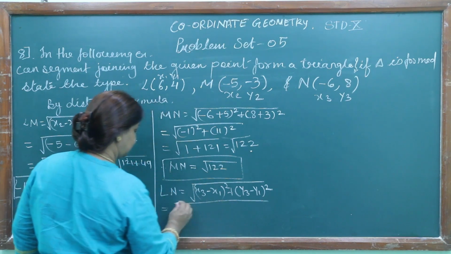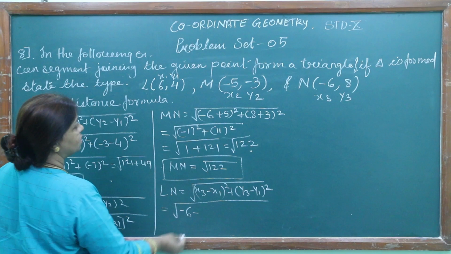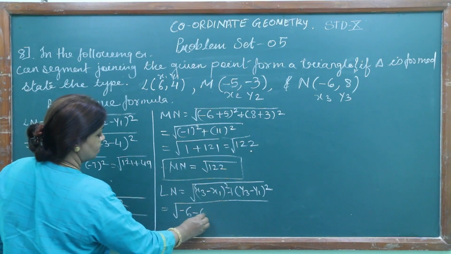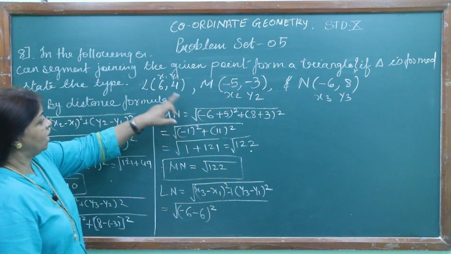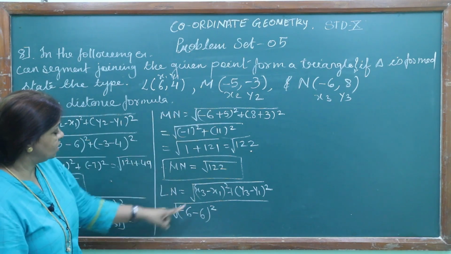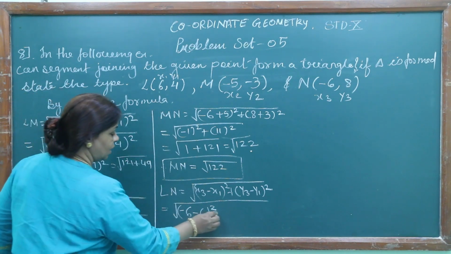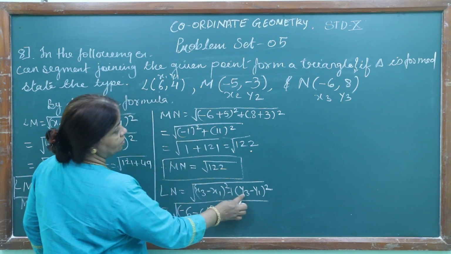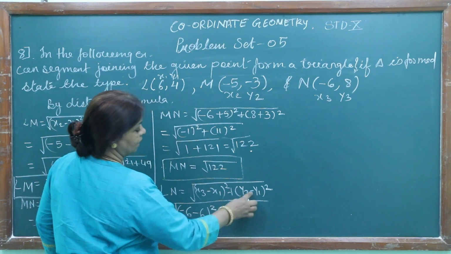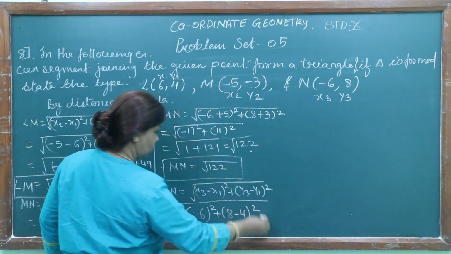So under the root, x3 is minus 6 minus x1 is 6 the whole square. See, x3 is minus 6 children, and this minus, and then x1 is 6, plus y3 is 8 minus y1 is 4 the whole square.